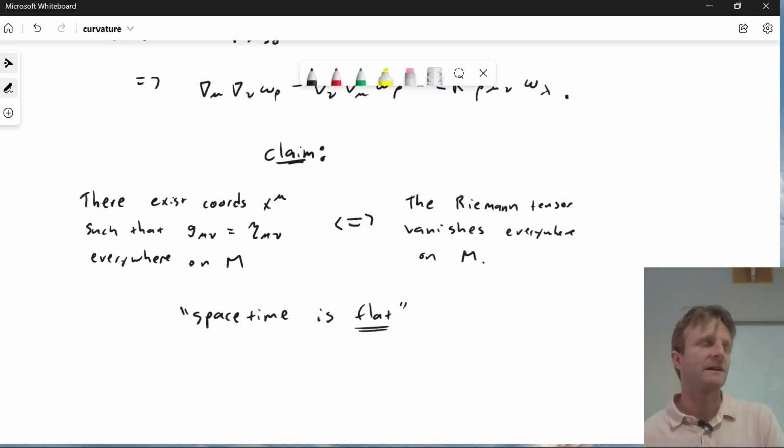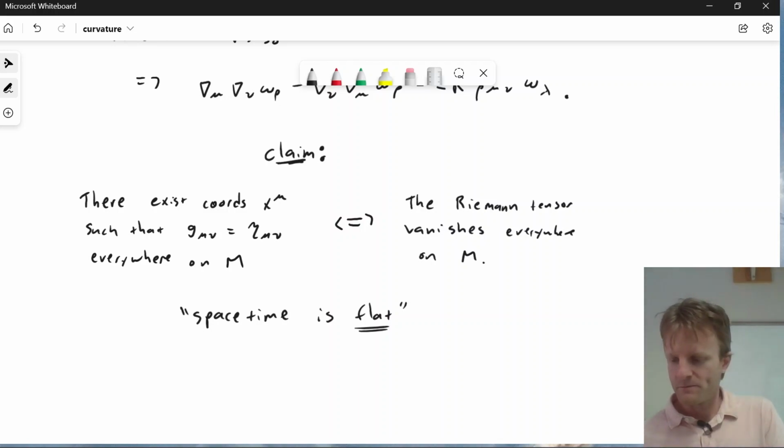Doesn't mean it has to be in that form. You might want to use some different coordinates for your flat space-time, which you've already done in certain calculations. But if you can find coordinates where the metric is eta mu nu, then it is flat. And that's the same thing as saying the Riemann tensor as a tensor vanishes.